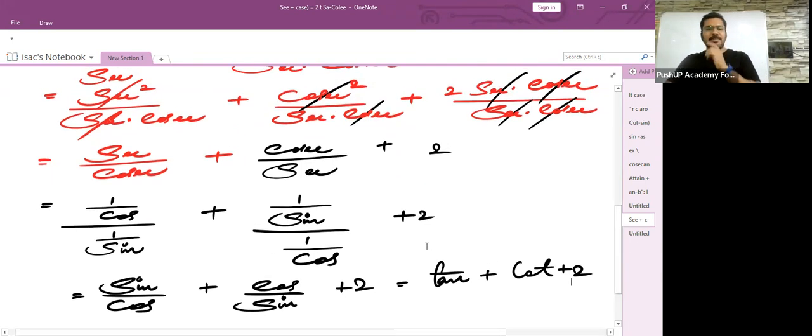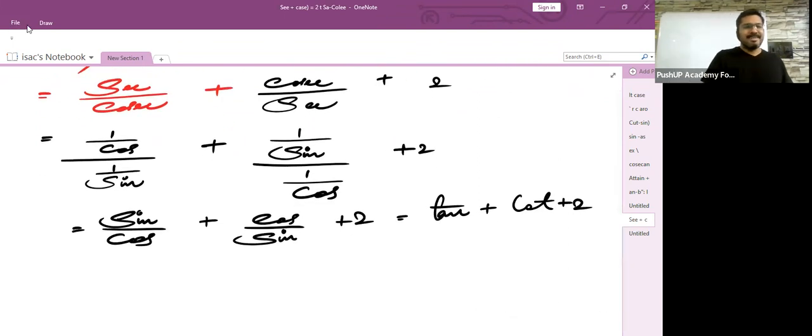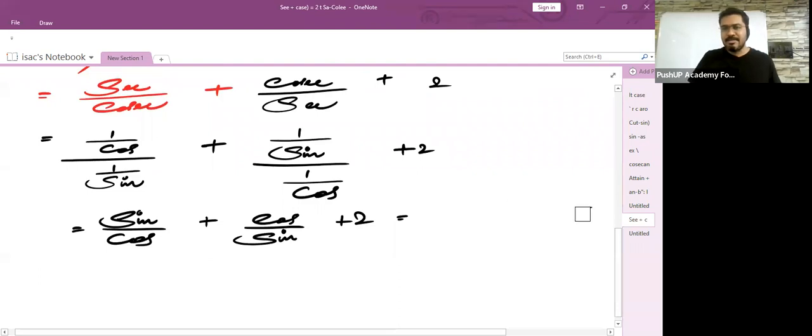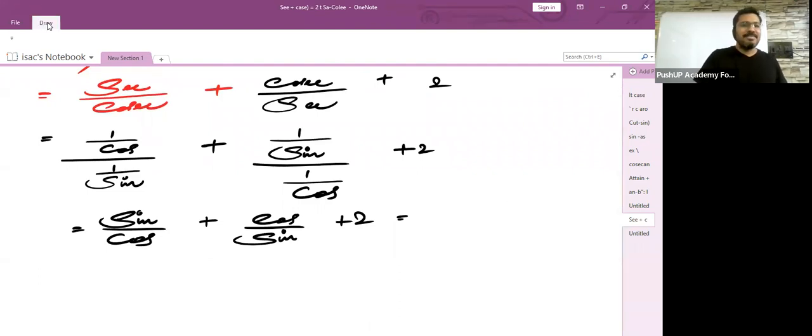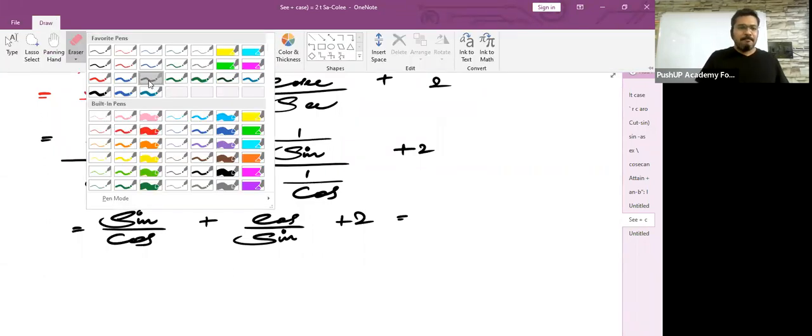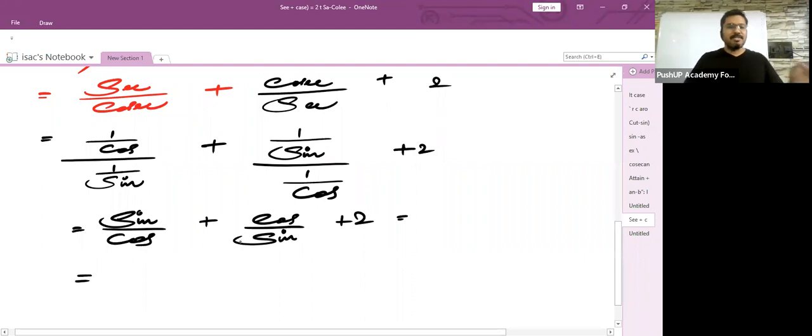Achha, children, wait a minute. I don't think this is wrong. I got some idea. Let's crack it. Final try. You got sine upon cos plus cos upon sine plus 2. Can't we go with the LCM method here?